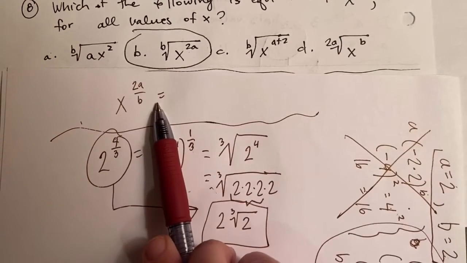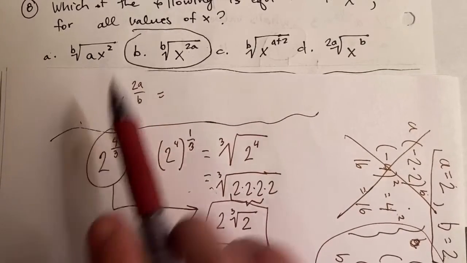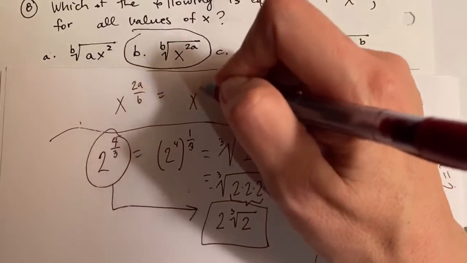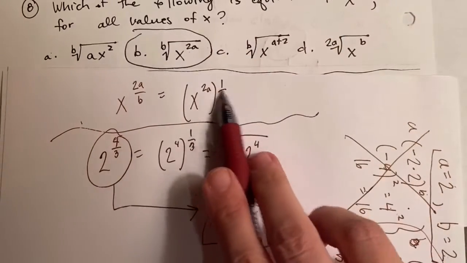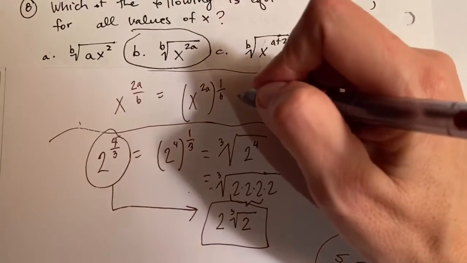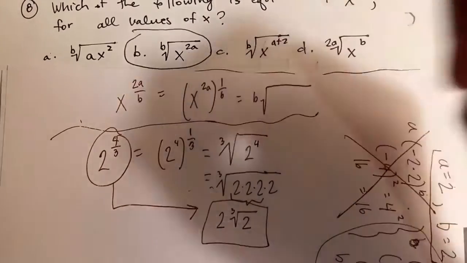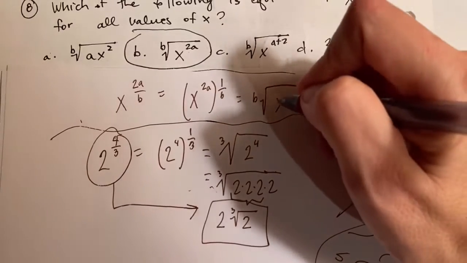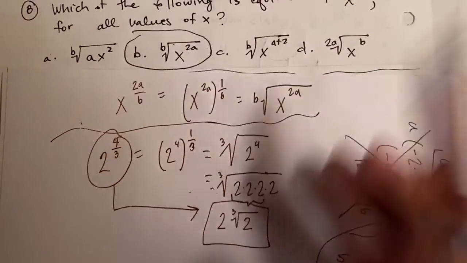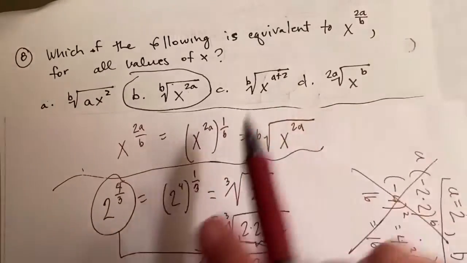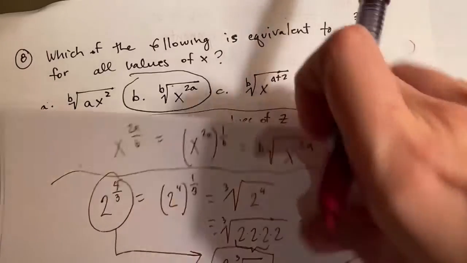So going back to our problem and using this as a guide, we can say, oh, this is the same as x to the 2a times 1 over b. Just merely has been multiplied. And so that means this has to be the bth root of x to the 2a, which is exactly what B is. It's exactly why I've picked B, because those are equivalent. That's another way to write that.